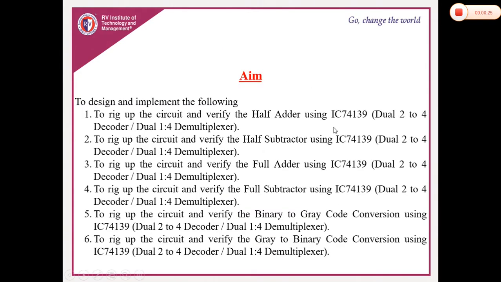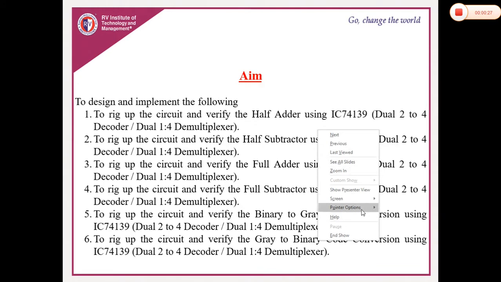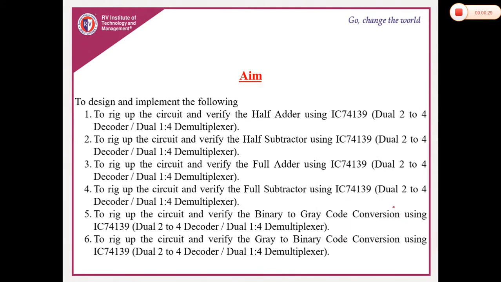The main aim of this experiment is divided into 6 subcategories. We have to implement half adder, half subtractor, full adder, and full subtractor using IC 74139. Apart from that, some code conversions: binary to gray code conversion and vice versa, that is gray to binary code conversion.